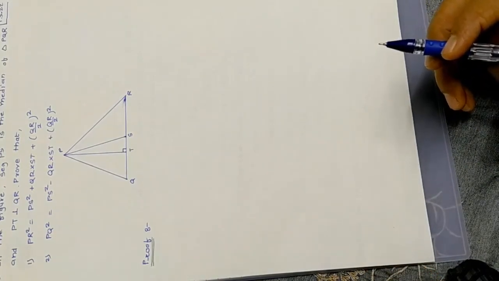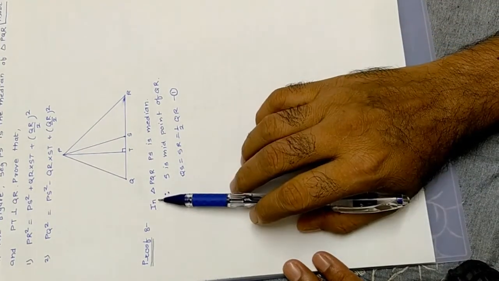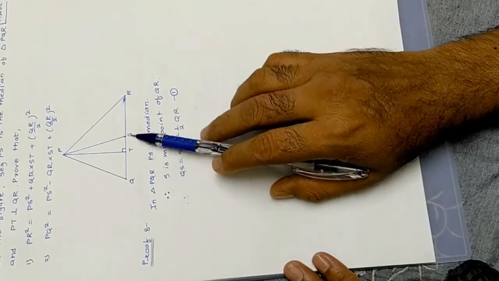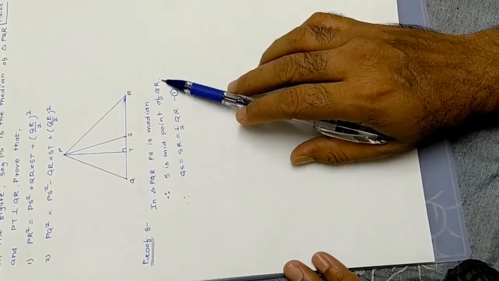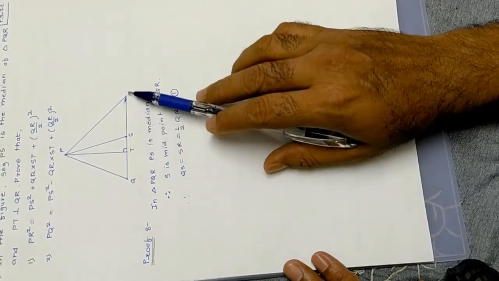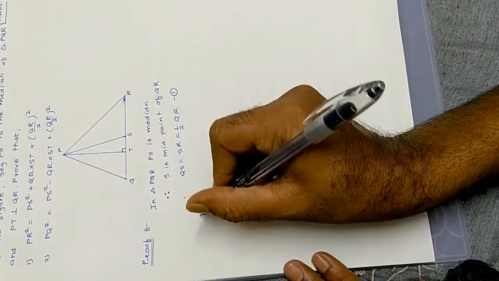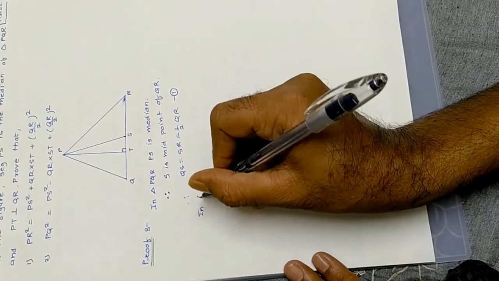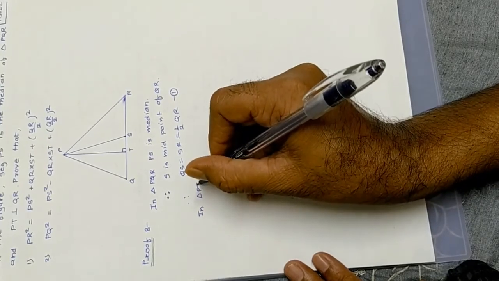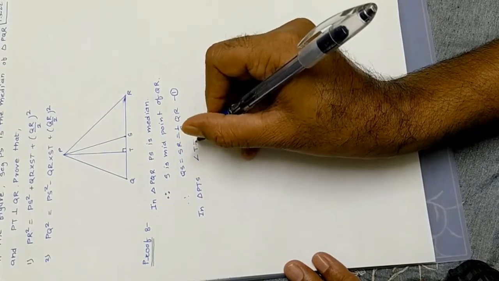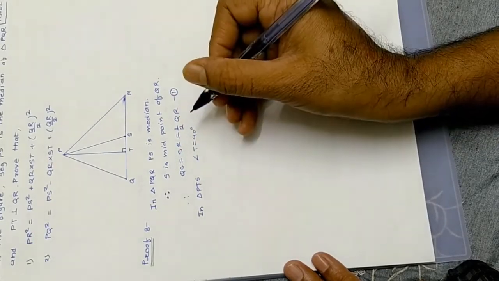Okay, here I wrote in triangle PQR, PS is median, correct? Therefore S is midpoint of QR. Therefore QS is equal to SR is half of QR. Say equation number 1. Now in triangle PTS, correct, angle T is equal to 90 degree given to you.